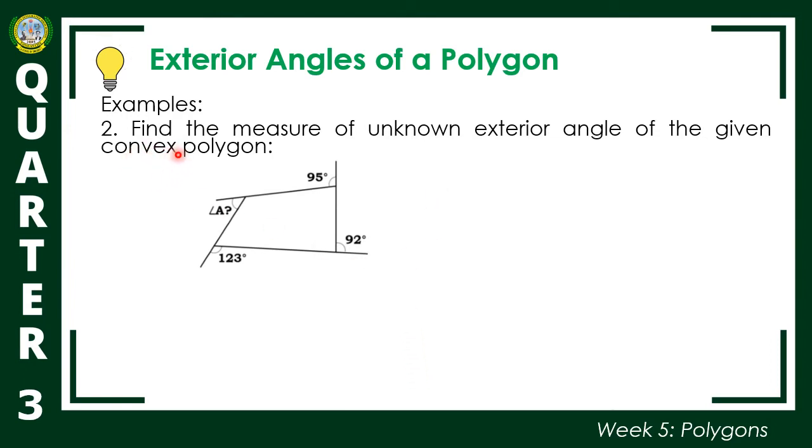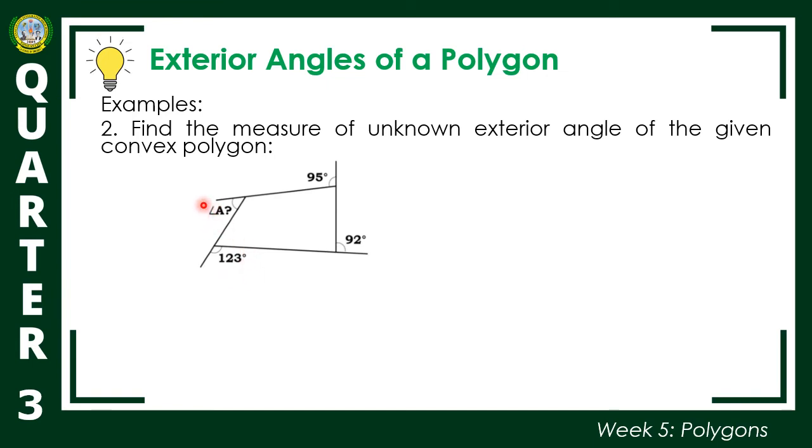Next po is find the measure of the unknown exterior angle of the given convex polygon. So this time, isang simpleng convex polygon lang ito. It's not a regular polygon. Okay? So given yung tatlong exterior angles, we have 95, 92, and 123 degrees.